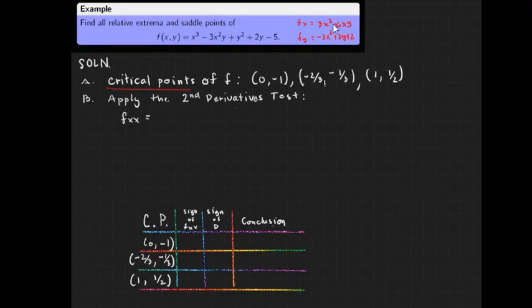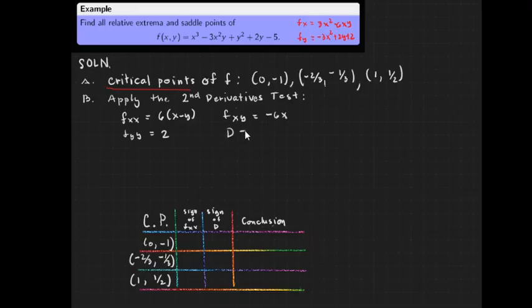Therefore, fxx must be 6x minus 6y, or 6 times (x minus y). Fyy is 2, since this is your fy. Fxy is negative 6x.